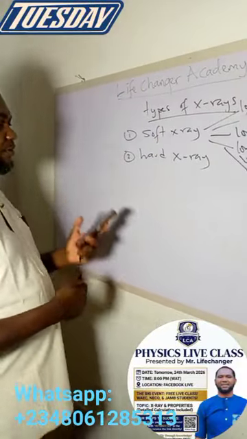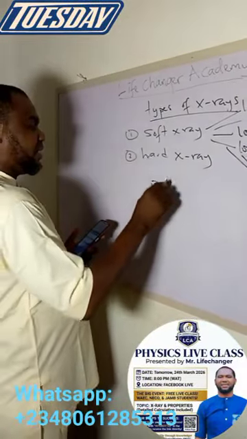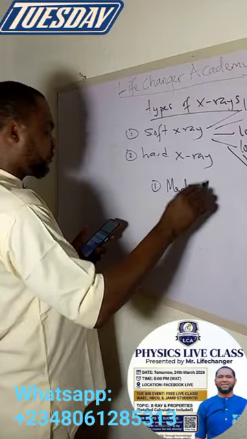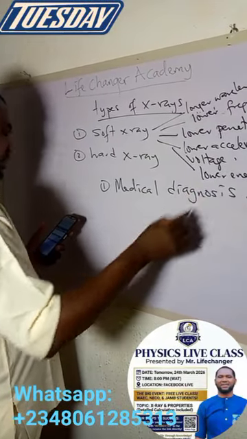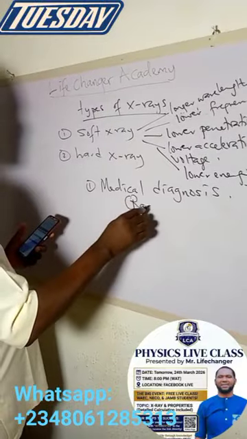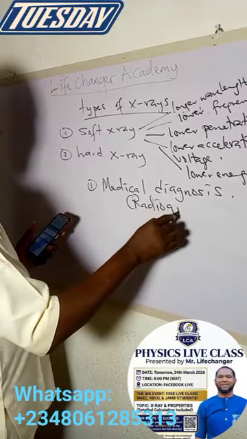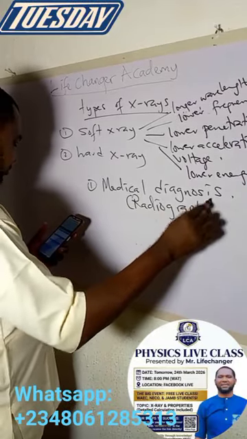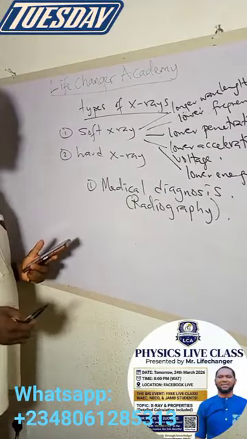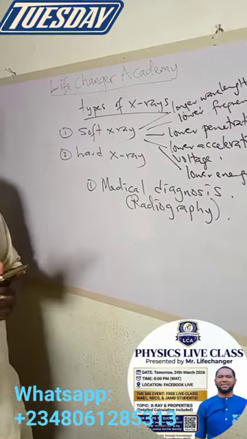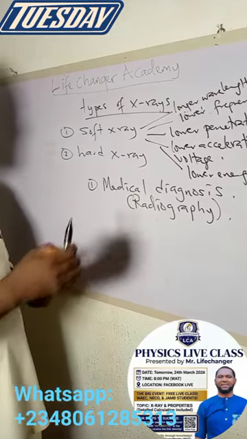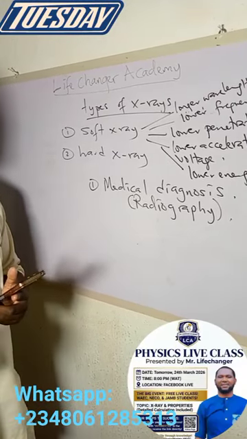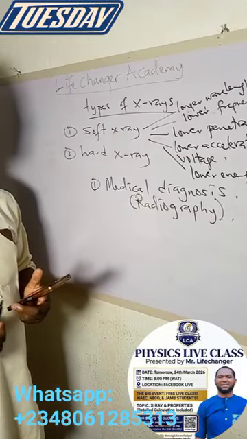One of the uses of X-ray is for medical diagnosis. Now, this medical diagnosis, we call it radiography. So you can use it to check for broken bones, because X-ray can actually pass through our skin, and when they pass through our skin, they can use it to view bones.